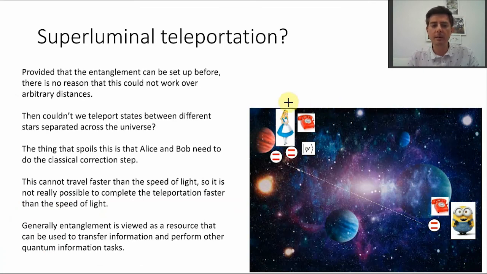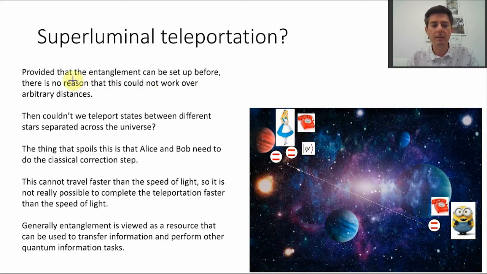So you might be wondering, if you can do this kind of thing, because you don't really tell any information about the state. Unlike the first methods, where you ring up Bob and tell him, hey, I've got this particular state, all you do is send a couple of bits of information.